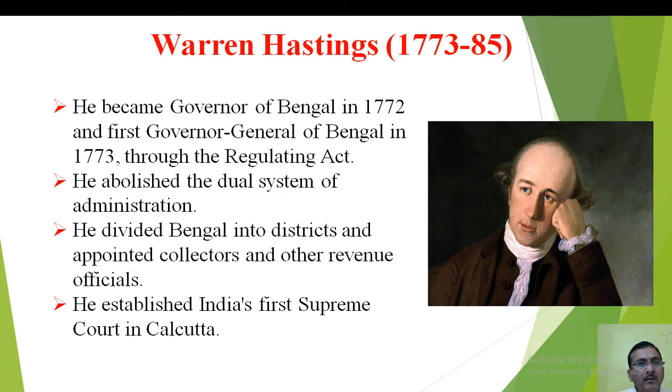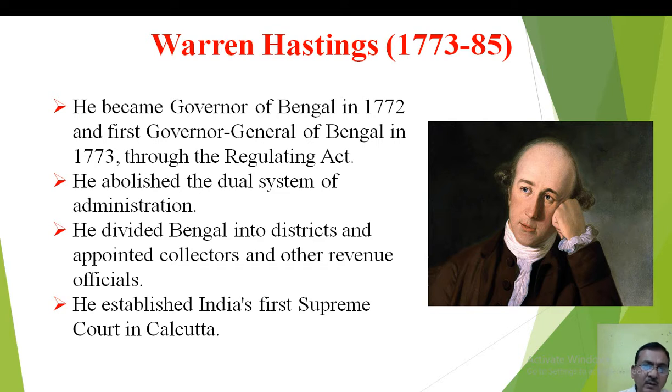He abolished the dual system of administration, that means the administration which was bifurcated into two administrative powers. He tried to centralize the powers in his own hand, and he was the first Governor General of Bengal.